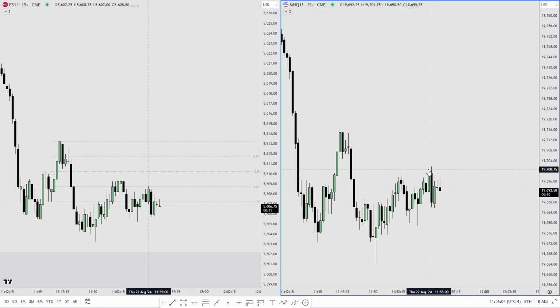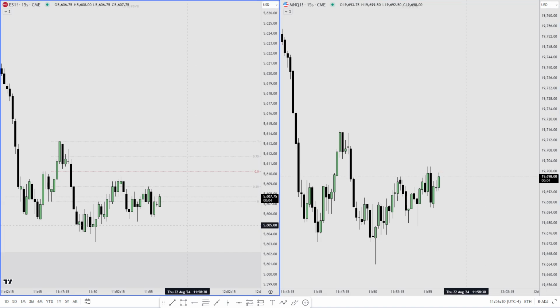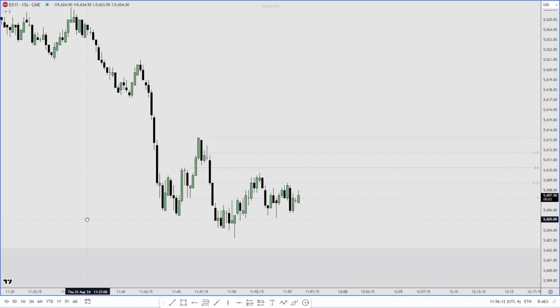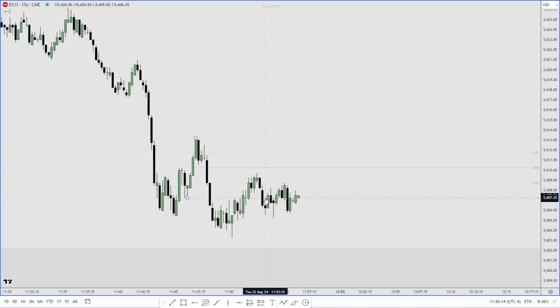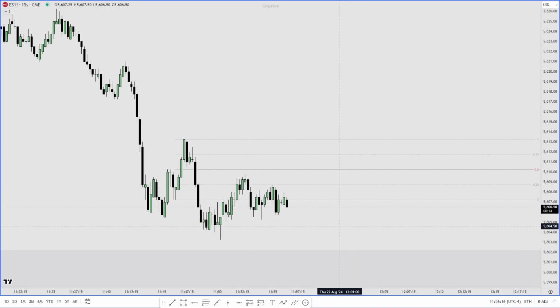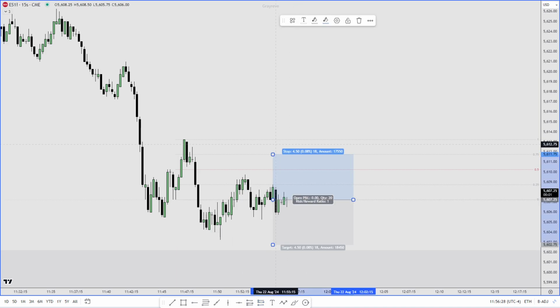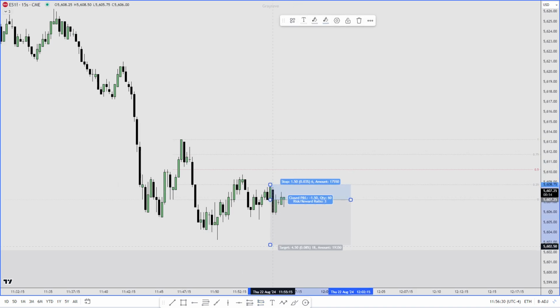NQ is making higher highs as well. Let's see. One, two, three up close candles already. Five points.